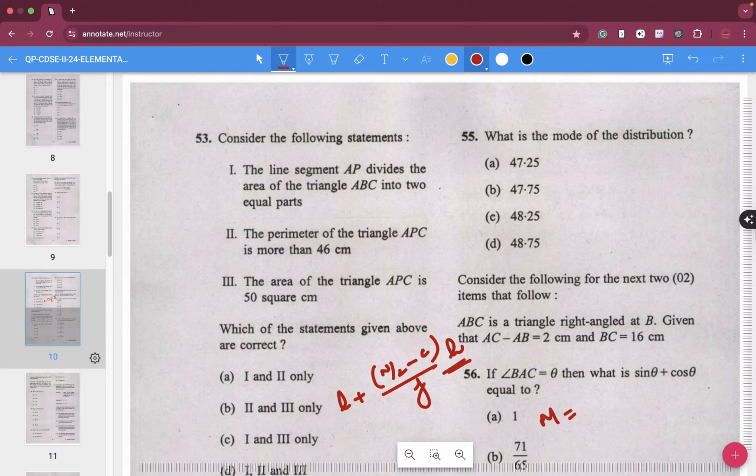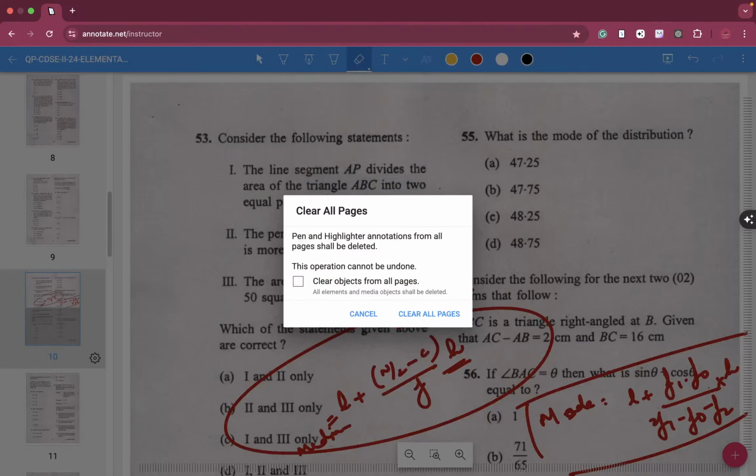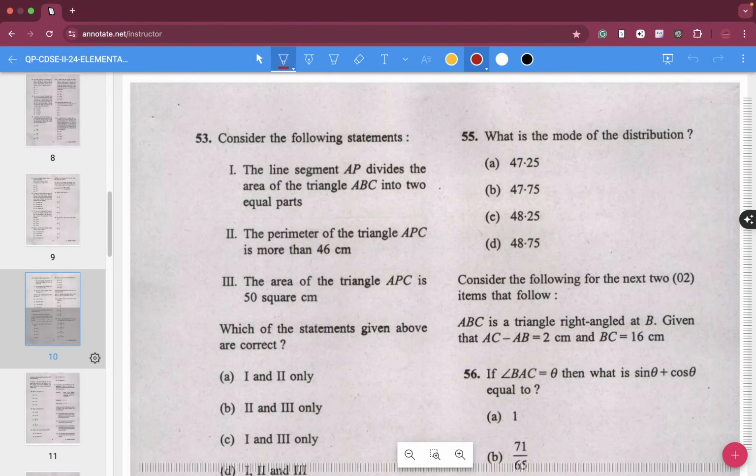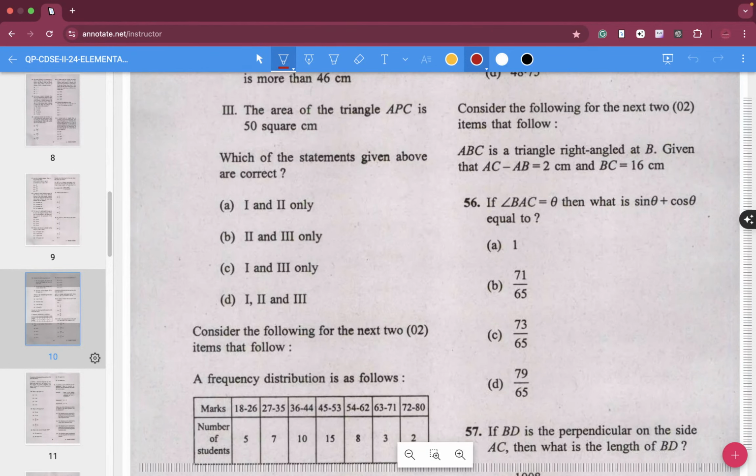For the mode, it is equal to the lower limit of the modal class plus f1 minus f0 divided by 2 times f1 minus f0 minus f2, into h. If you remember these formulas, for sure 2 marks are guaranteed in your examination. And there will be one question from your others as well.